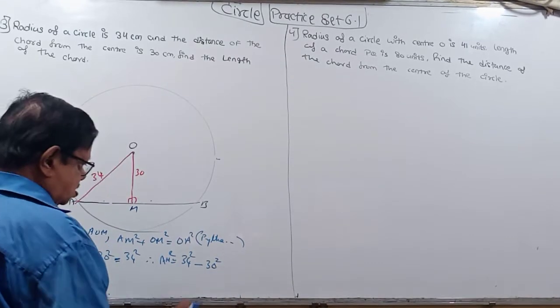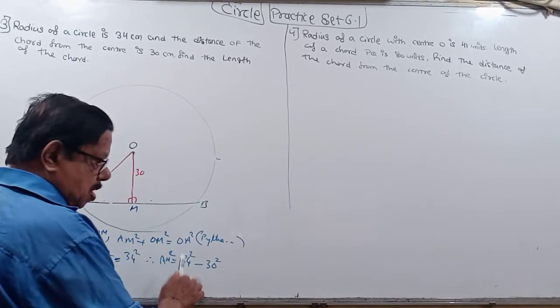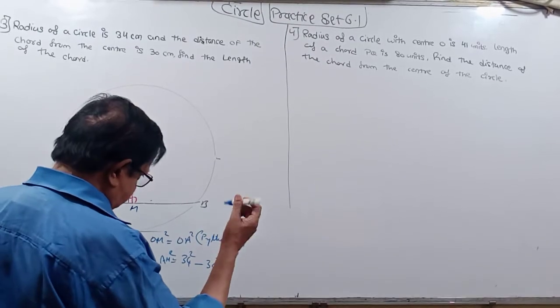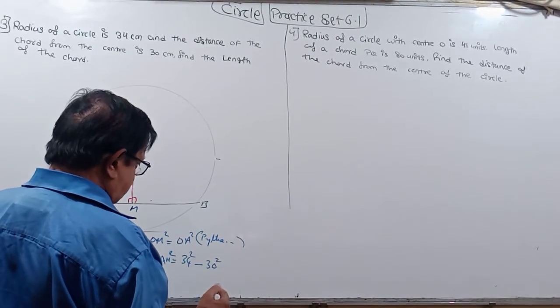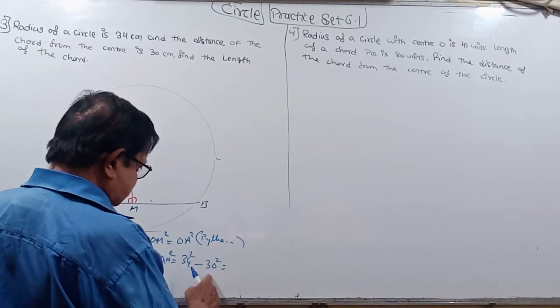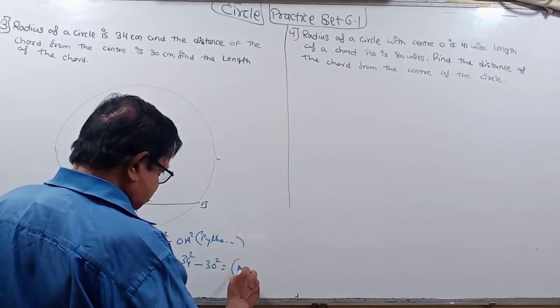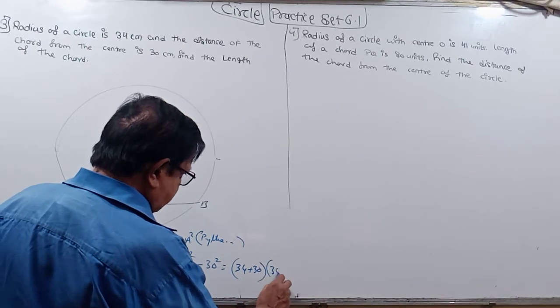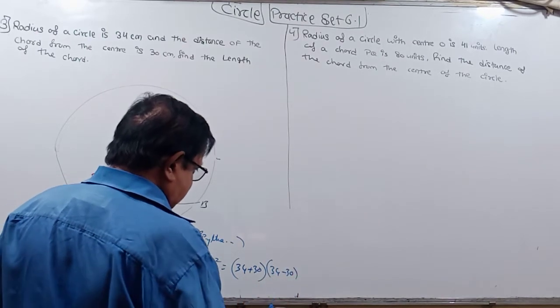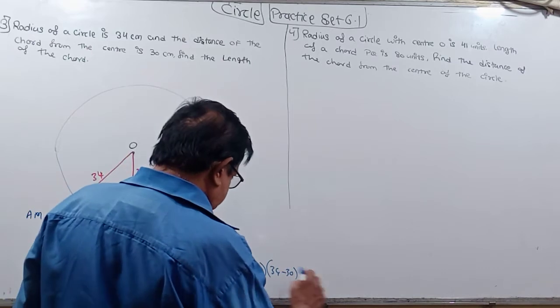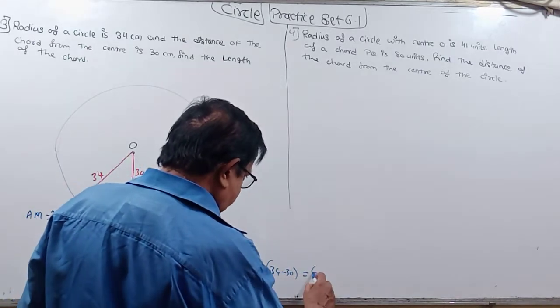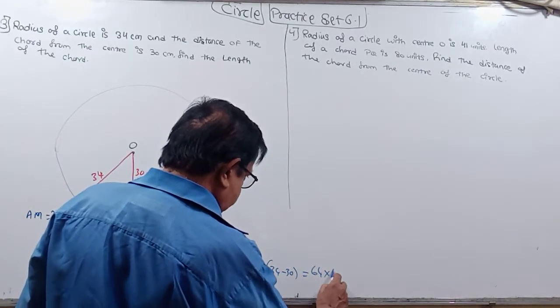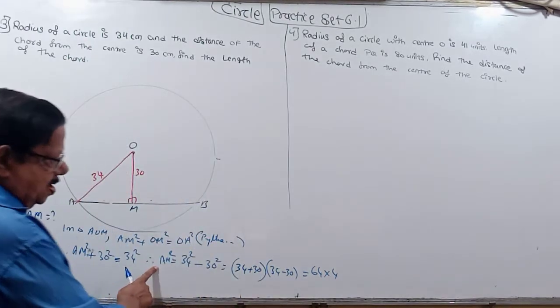Now we have to find 34 square and 30 square. We can also do it using a square minus b square. 34 plus 30 into 34 minus 30 equals 64 into 4. That is AM square.